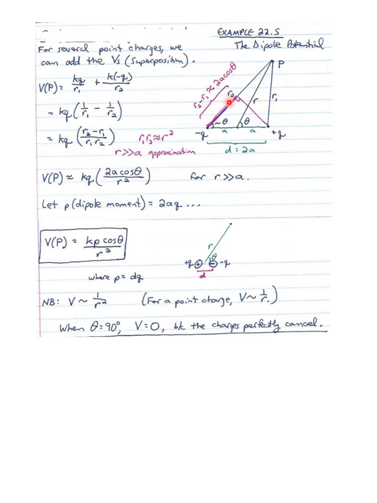Now, if r is much, much greater than a, and r with no subscript is just the distance from the center point to P, then we can do an approximation. If P is of sufficient distance away, R1 and R2 are pretty much the same thing.